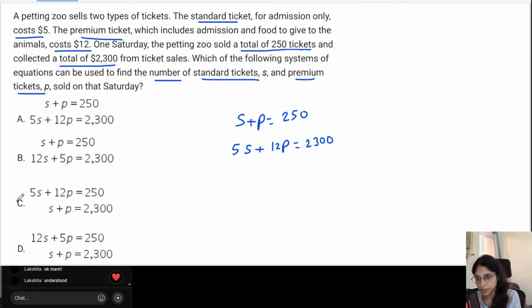Option C and option D are eliminated. 5S plus 12P is 2,300. Option A. So these are cost problems, total number of tickets and total cost. So in cost, you're multiplying the ticket cost and the number of tickets for whatever is given to you. And total number of tickets, you're just adding the number of tickets. Next is question number 38.